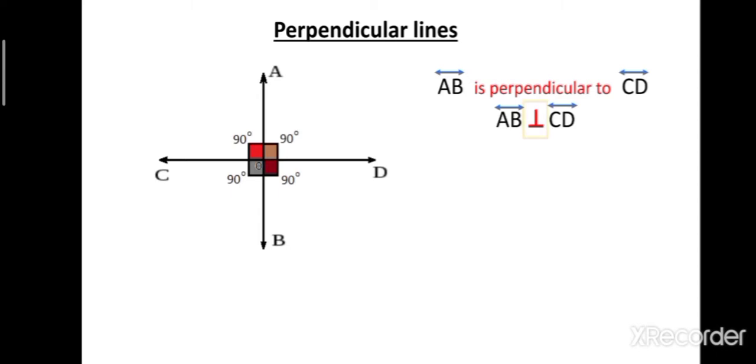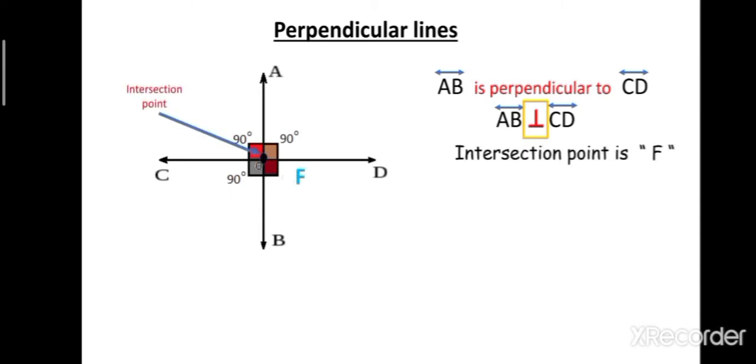AB straight line is perpendicular to CD straight line. The two lines have an intersection point or a common point where they meet, and this is called the intersection point. Here we have intersection point F. This is the common point where the two lines meet with each other.